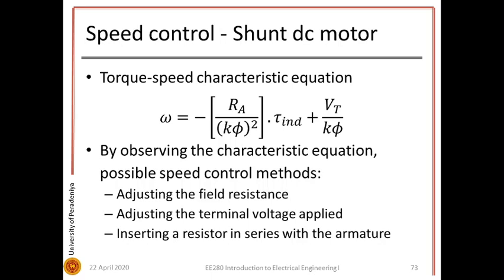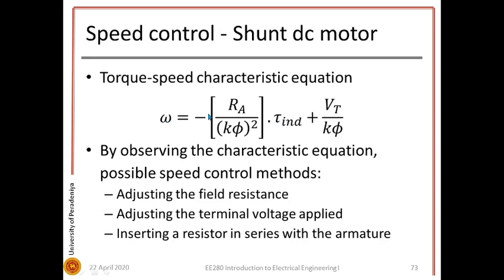If you recall the knowledge that you gained for the shunt DC motor, the torque speed characteristic equation for the shunt DC motor is given by this equation. Omega equals minus RA over K phi squared times tau induced, the induced torque, plus Vt over K phi. So it relates the speed and the induced torque.